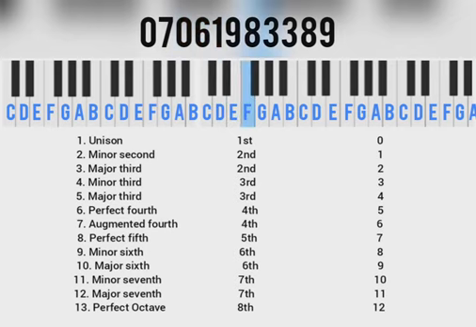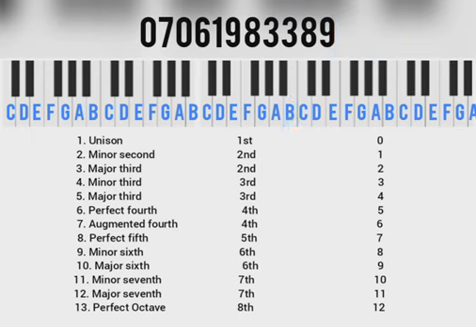Fourth, perfect fourth. Fifth, perfect fifth. Sixth, major sixth. Seventh, major seventh, and octave, call it perfect octave. So let me go again: unison, major 2nd, major 3rd, perfect 4th, perfect 5th, major 6th, major 7th, perfect octave.